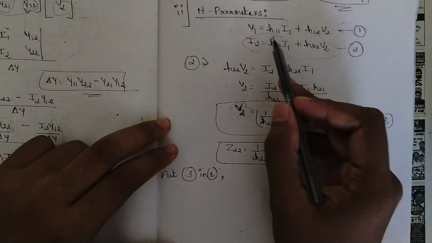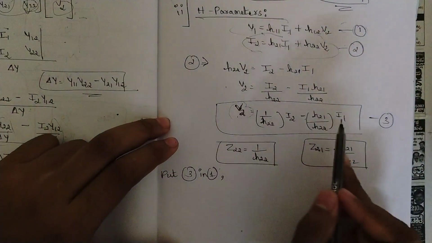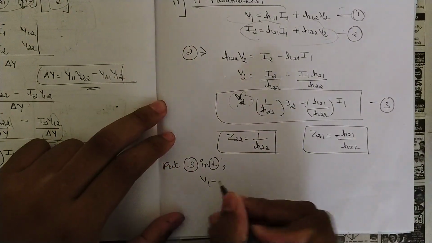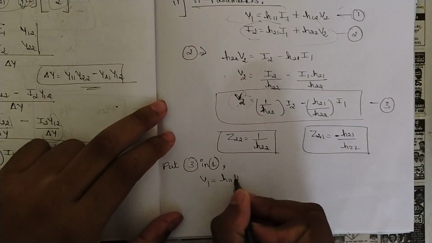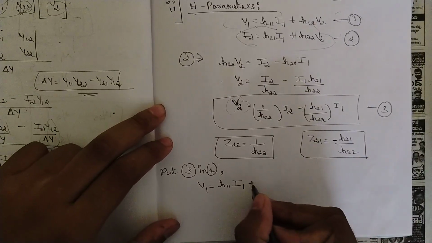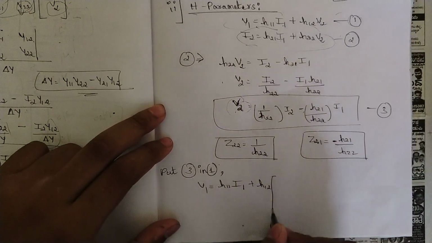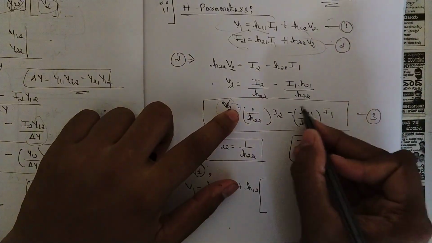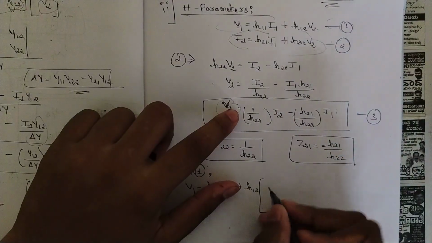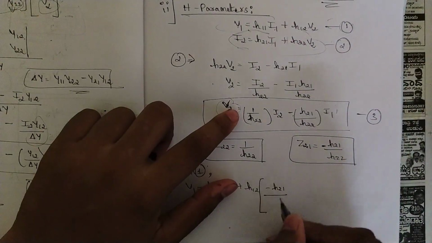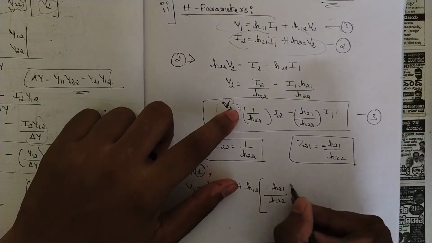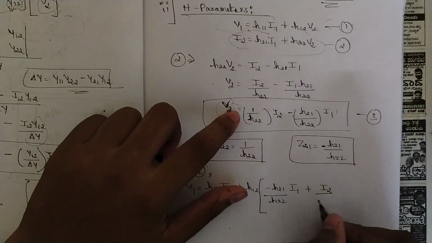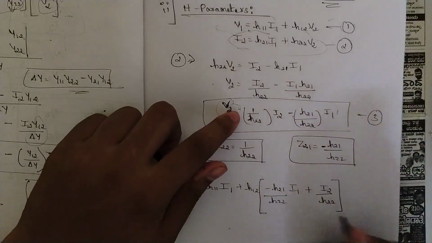That is, in this equation now substitute the value of V2 as this term. So V1 is equal to H11 I1 as it is, plus H12 into the value of V2, which is what now? Write this I1 term first, that is minus H21 by H22 I1. Then plus I2 by H22, right?